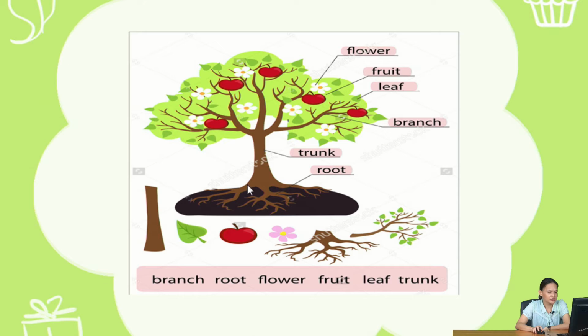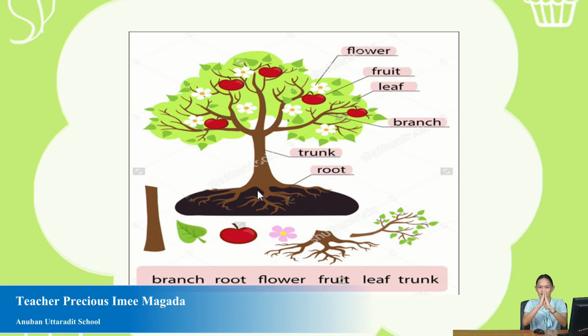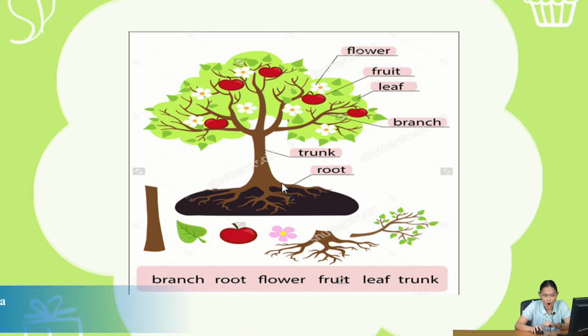Of course, this one is a trunk. The long part of a tree is called a trunk. And the one that supports in the soil is called root or roots. So those are the parts of a tree.